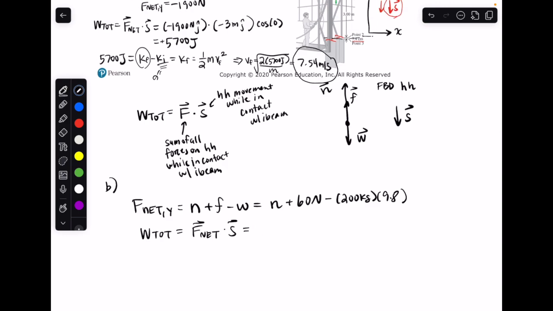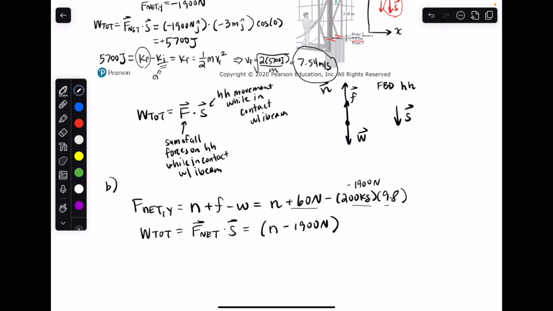So our F net is N plus 60 minus 1900 newtons, which becomes N minus 1900 newtons, dotted with negative 7.4 centimeters, so 0.074 meters, also in the J hat.